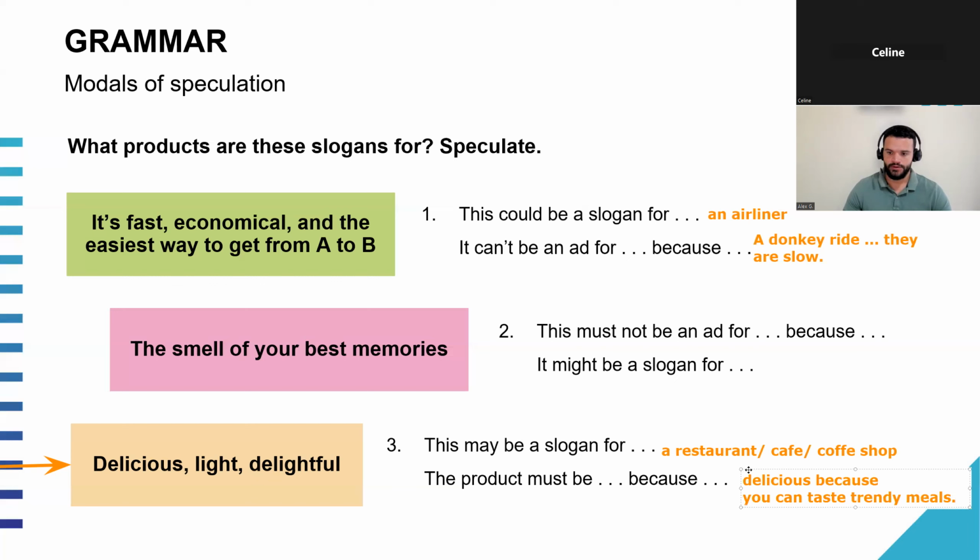All right, Celine. So remember the different models for speculation. What about if we're talking about speculating: could be, can't be, must not be, might be, maybe, and must be again. So what about if we're speculating about maybe eating fritada every day, Celine?